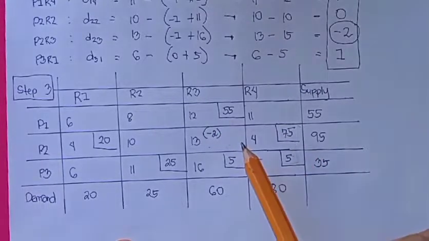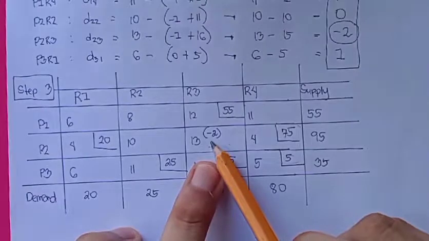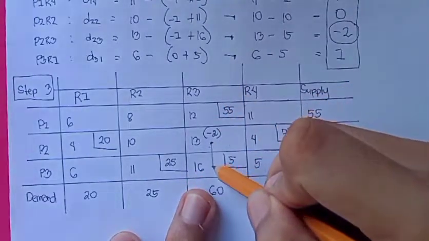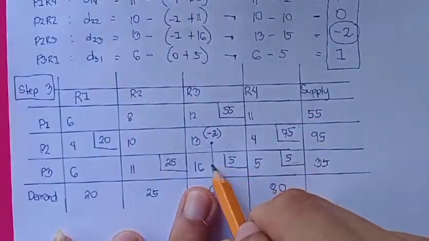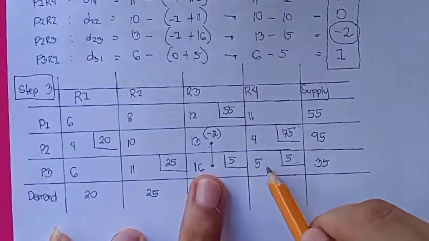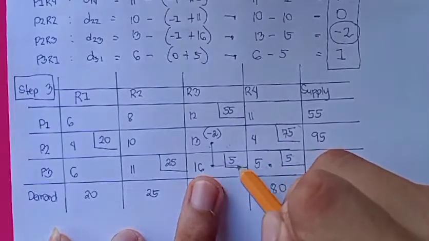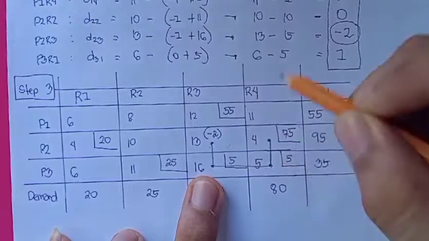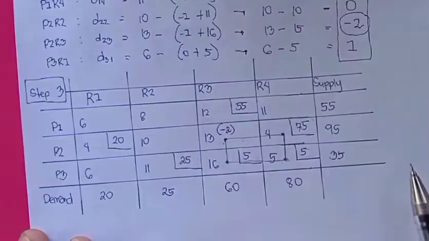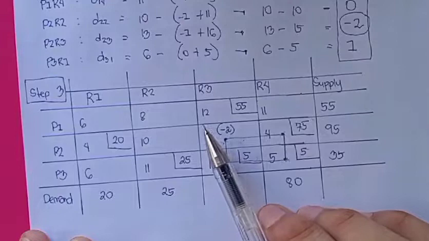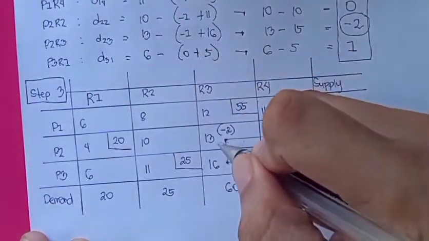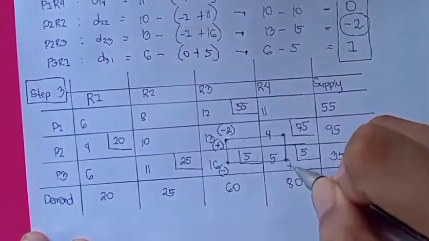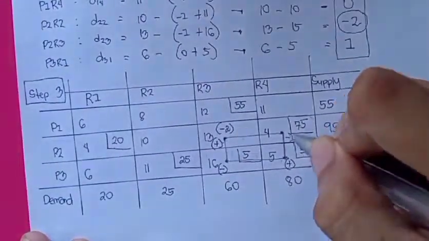We will draw a closed path from P2R3 to P3R3, to P3R4, to P2R4. After that, from the origin, we will put plus and minus sign allocation. So this one is plus, minus, plus, and minus.